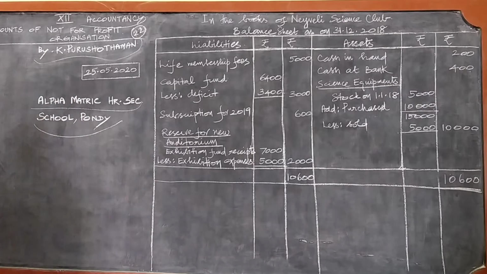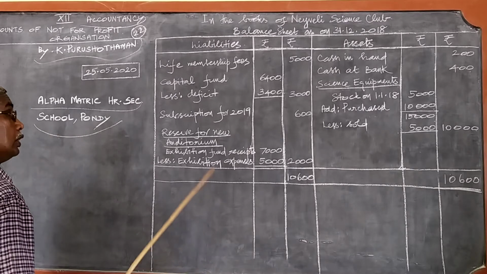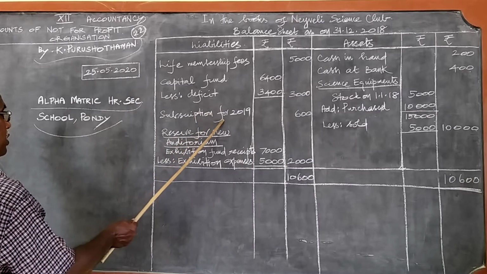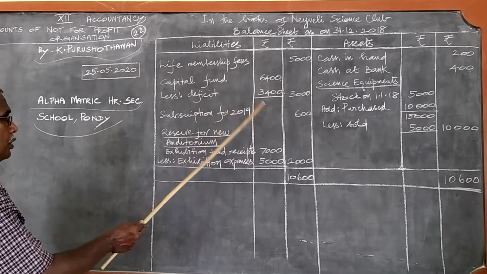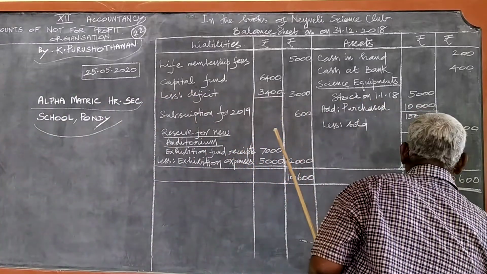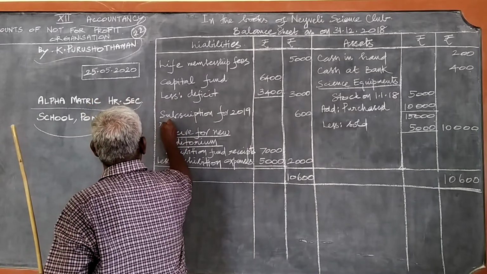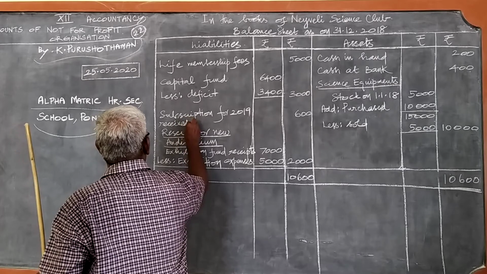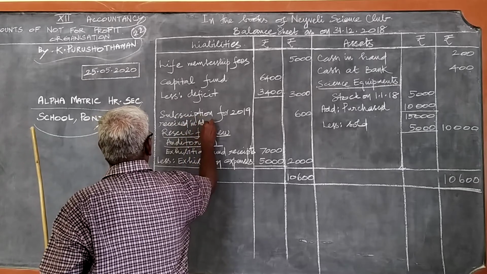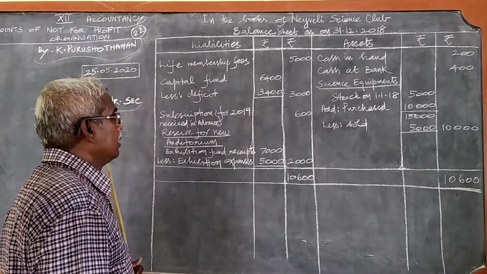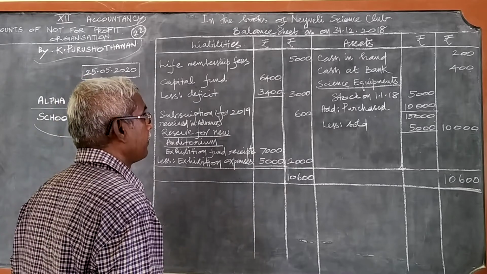Additional information number 2, subscription includes 600 for 2019, for the coming year, that is received in advance. So that must be shown under liability side, subscription received in advance. So 600 it is a liability.